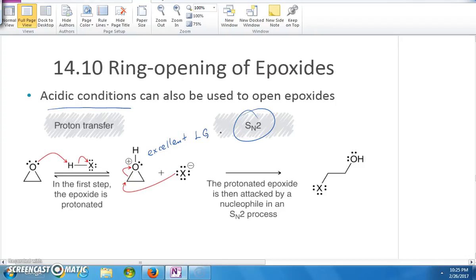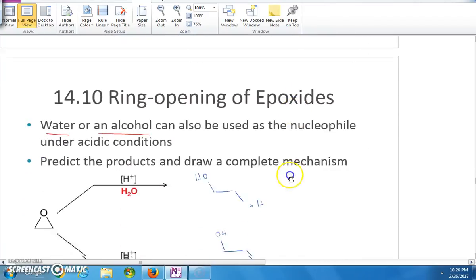So the attack of the nucleophile leads to the formation of this halohydrin. But just remember, whether you go under acidic conditions or under basic conditions, the reaction always goes SN2. Okay, now let's keep moving.